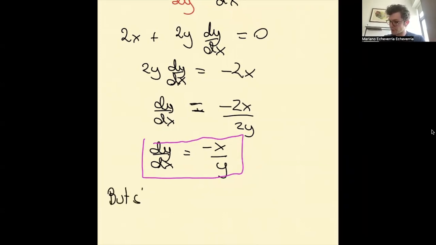But still, at the point P equals 1, comma negative 1, if you remember, we were trying to find the tangent line at this point.